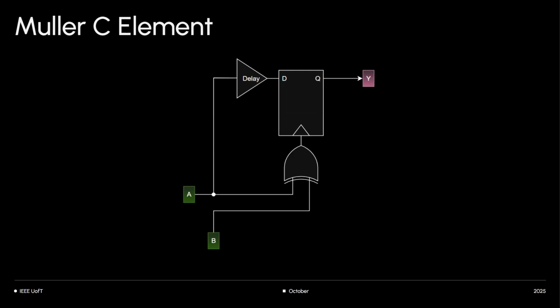So A and B are data. A and B are just two signals. We'll see how all of this becomes control signals just a few slides ahead. For now, it's just two inputs into a gate. You want the output when A and B are the same. Exactly, that's the classic similar element.